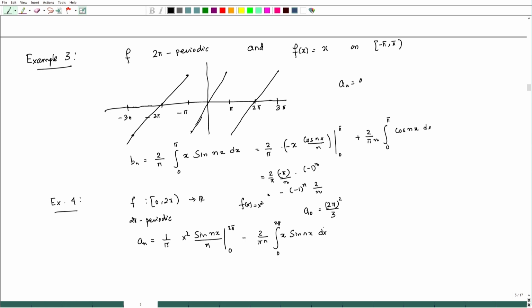We have computed this integral of x sin n x from 0 to 2 pi earlier. So this is going to become 4 by n square, and b n, in a similar way, is 4 pi by n. Okay. So far so good.